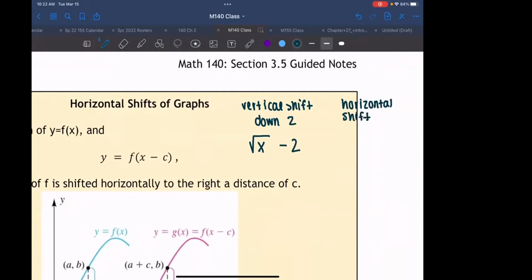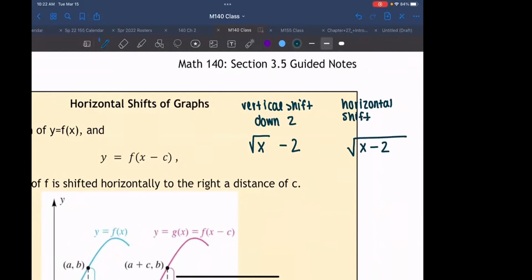If I wanted to shift something horizontally, the 2 wouldn't be subtracted off the entire function. It would actually go inside the square root. So it's attached to the x, and it's inside that basic function, right? It's inside the square root.